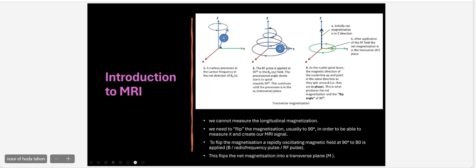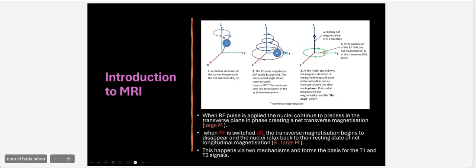Unfortunately, we cannot measure our magnetization in the longitudinal axis. So this is the Z, the longitudinal, and this is the transverse. You can see here the proton starts to have a spinning movement around the magnetic field, which we call B0 or Z. When a radio frequency pulse is applied to the proton in this direction, it starts to change direction to the transverse, which we call Y. This gives a 90-degree change of direction.